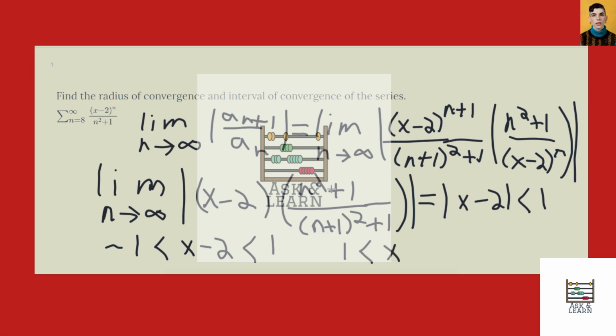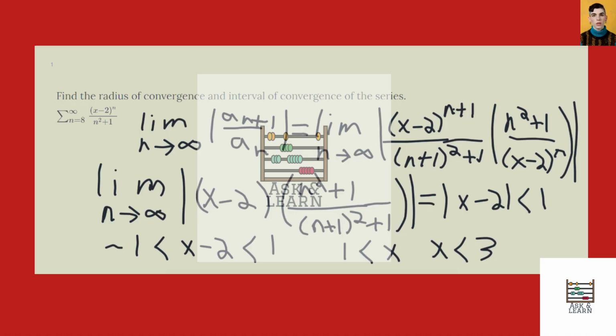And if we have x minus 2 is less than 1, we can add 2 to both sides to see that that corresponds to x is less than 3. Okay, so the interval we're working with is from 1 to 3. And we're not sure whether or not we include 1 and whether or not we include 3 at this point. But the length of the interval is 3 minus 1, which is 2.